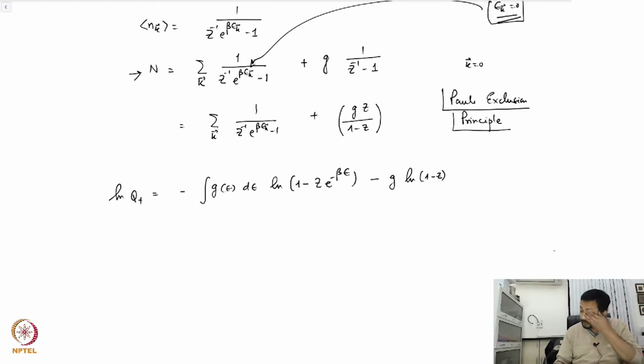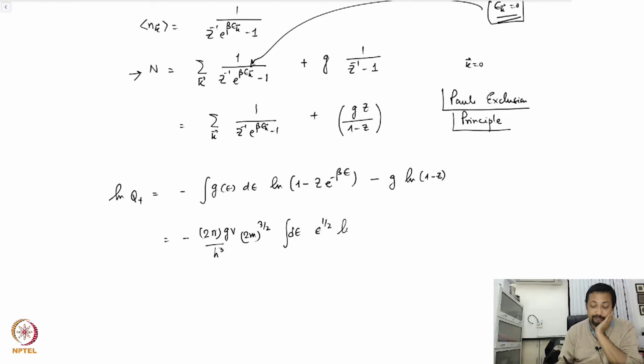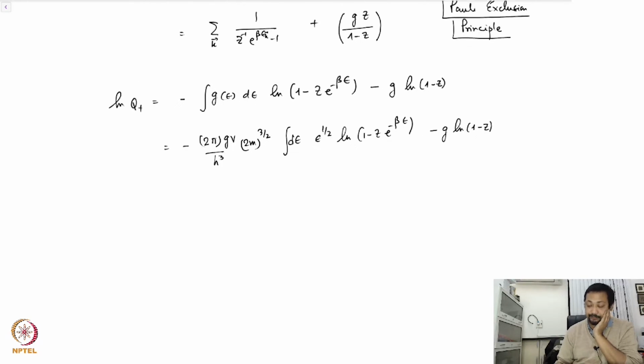So let's see, what was g(epsilon)? g(epsilon) was twice pi gV over h cubed, twice m raised to the power 3/2, integral epsilon to the power half d epsilon, ln(1 minus z e to the power minus beta epsilon) minus g ln(1 minus z).